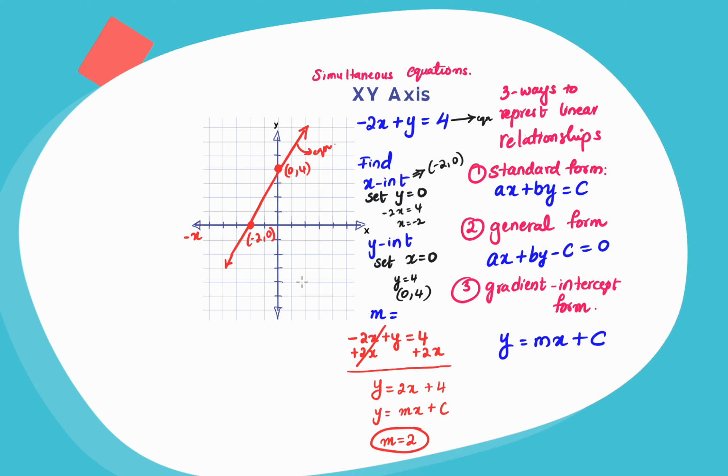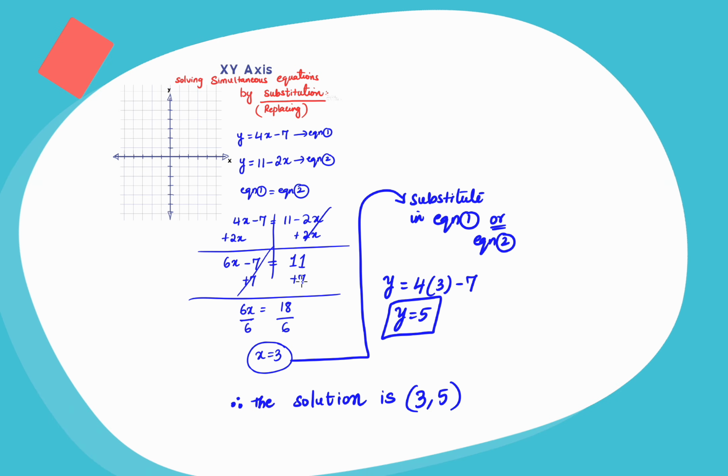All right. Let me show you the applications of linear equations for simultaneous situation models. Simultaneous means more than one equation you're going to use. In this case, you have two linear equations and you're trying to solve them together, which is why we call them simultaneous, by substitution or replacing technique.